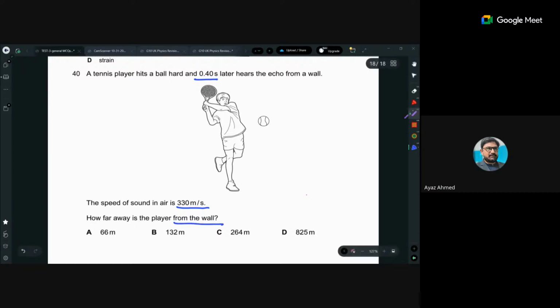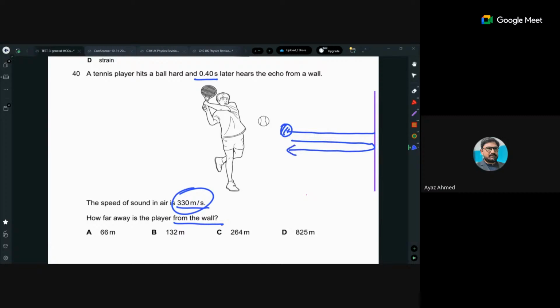So this question is basically for the distance and speed concept. The speed of the sound is technically 330 meters per second, so it takes some time to go and come back. So the total time taken is 0.4 seconds.